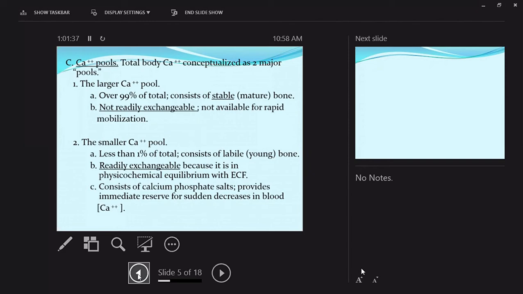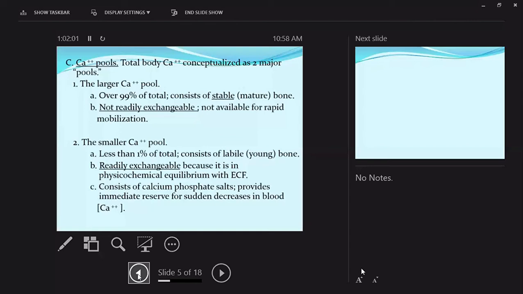Your metabolic alkalosis can increase calcium reabsorption, so decreased calcium excretion. And your metabolic acidosis can decrease calcium reabsorption and increase calcium excretion.